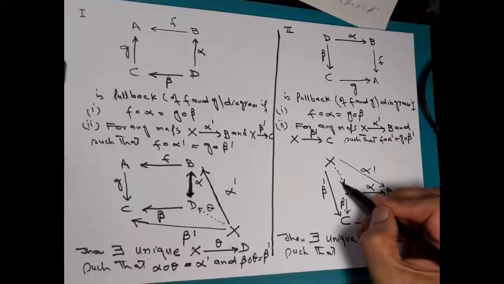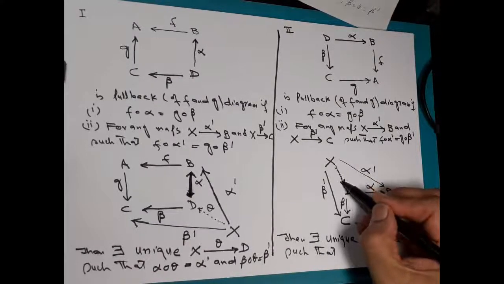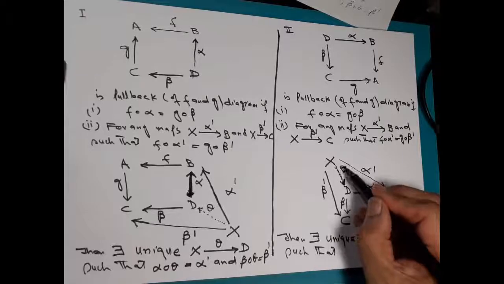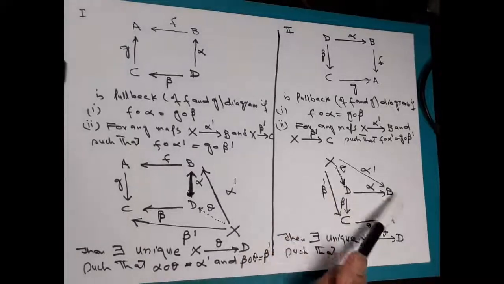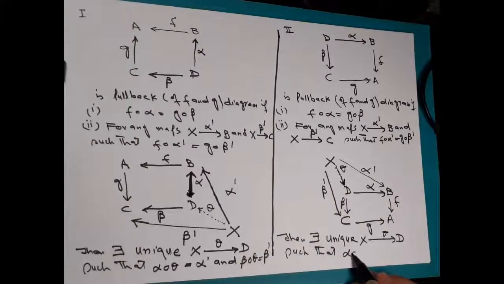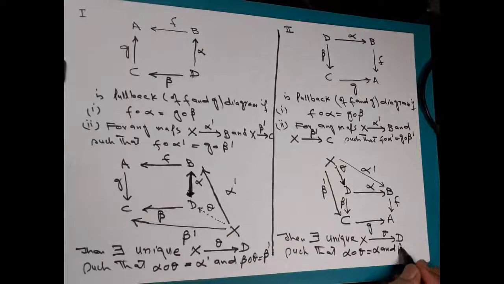So there has to be a unique map from X to D, theta, such that alpha composed with theta is equal to alpha dash and beta composed with theta is equal to beta dash.